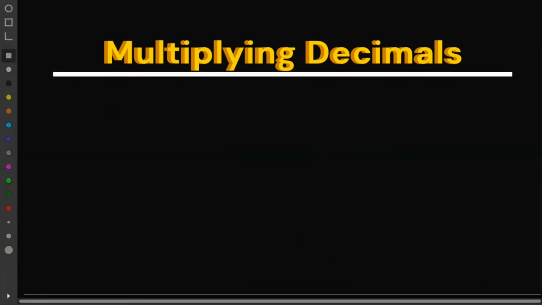Now let's try involving whole numbers in this one. If we have 0.023 times 40.